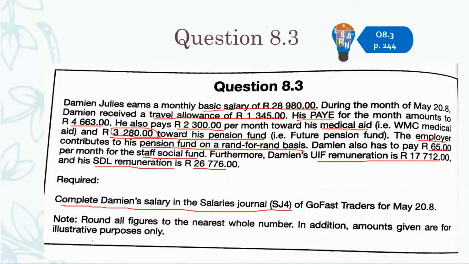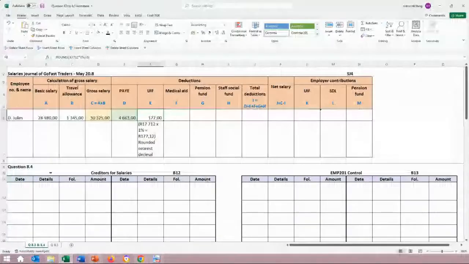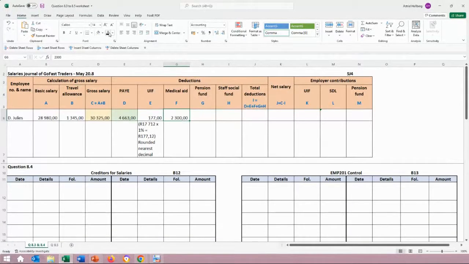For our medical aid, we contribute 2,300, and for our pension fund, 3,280. Okay, so let's go back. Let's fill in the medical aid and the pension fund. So medical aid, 2,300 Rand, and pension fund is 3,280. Now what I told you is for the pension fund, for every 1 Rand he contributes, the employer contributes exactly the same.